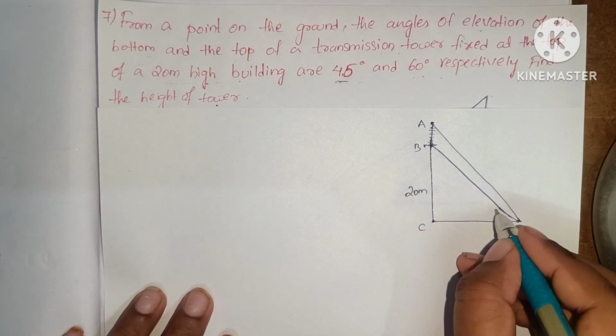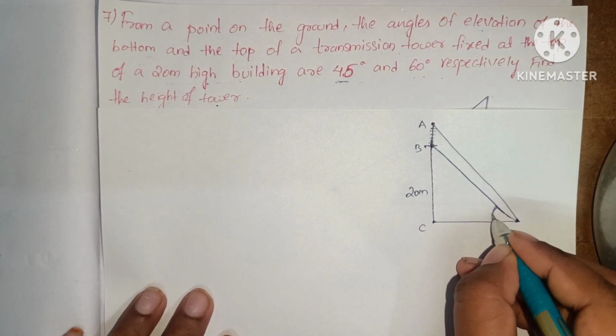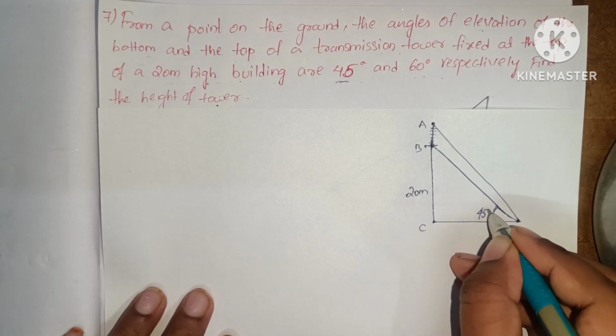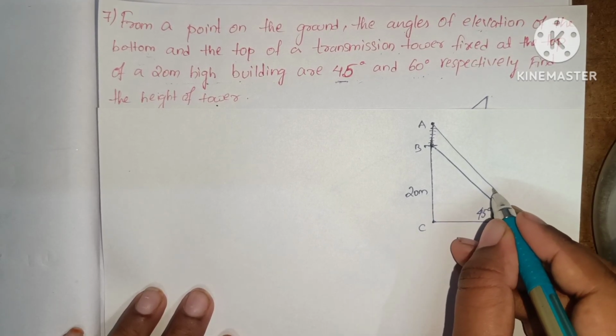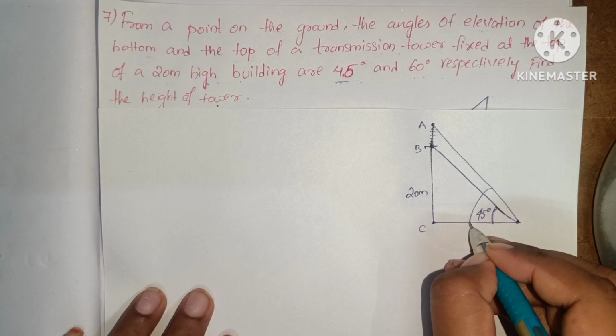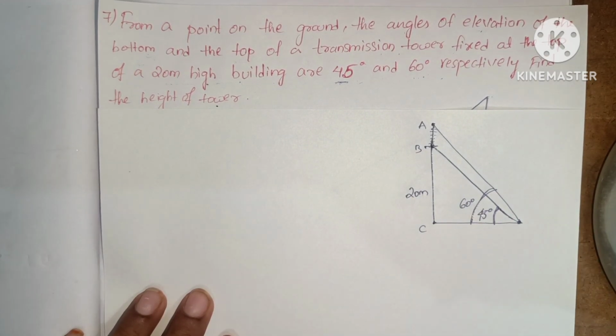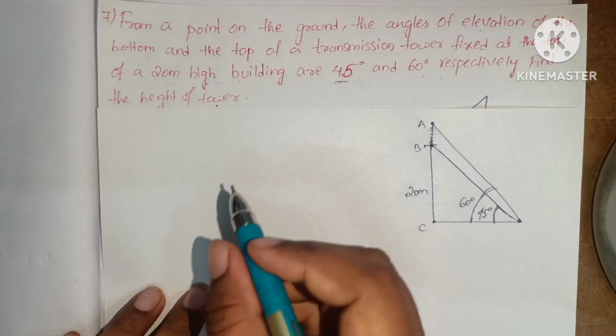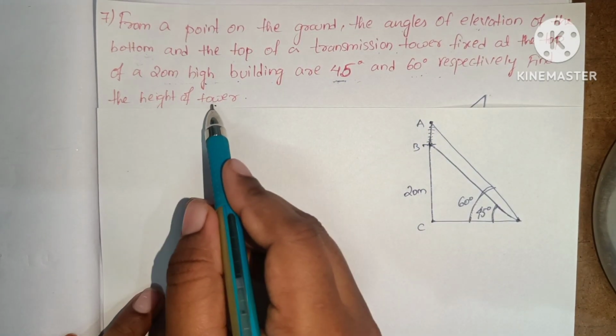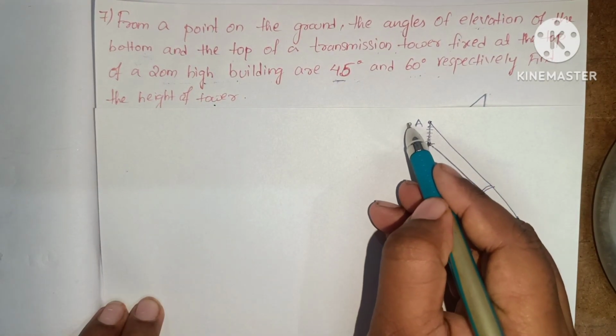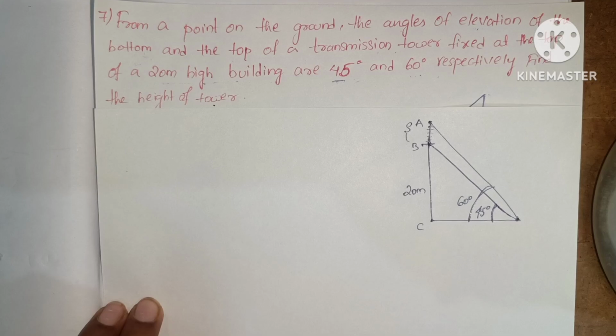So this one, the bottom of the tower, how much angle of elevation? 45 degree. The top of the tower, 60 degree. So what did he ask us to find here? The height of the tower. That means he asked to find the AB height.